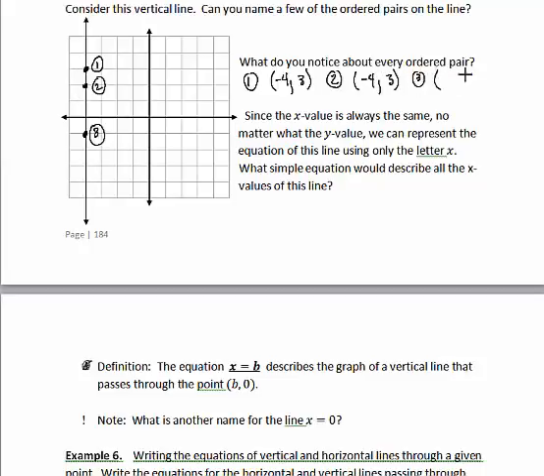My third point, I go 1, 2, 3, 4 to the left. And then I have to go down 1, so y would be a -1. And now we notice from looking at these coordinates that all of the x coordinates are the same.